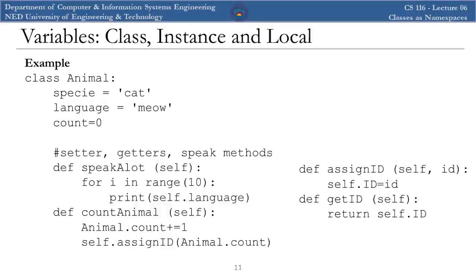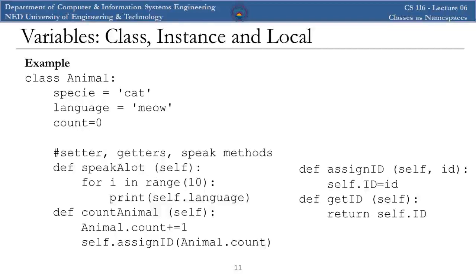If within a class you want to call one method from some other method, that method has to be called using the self operator. So I'm calling this function assign id using the self operator, self.assign id, and then I'm passing this animal count value as the value which has to be assigned to self.id.